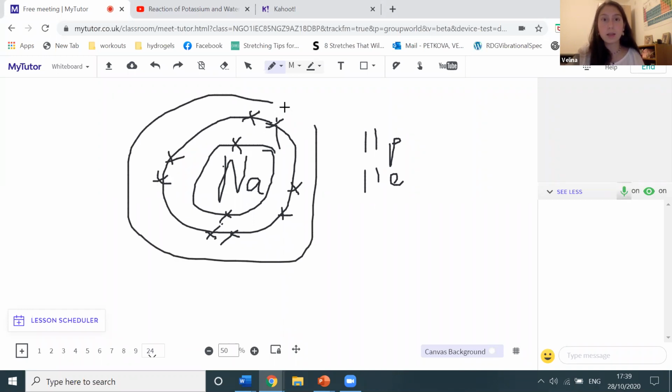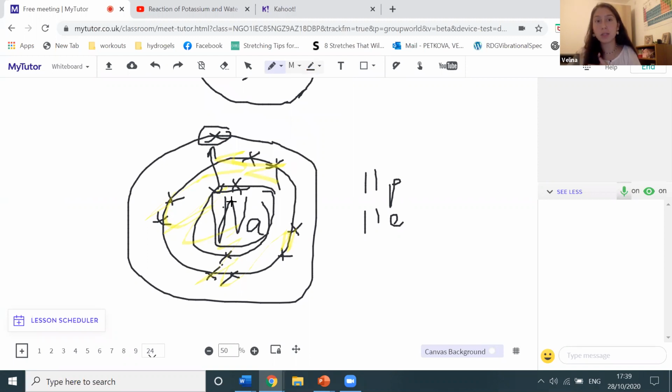Once again, all of these electrons are hiding this positive charge from this outer electron. So this outer electron sees less of the positive charge, and therefore there's less attraction between this electron and the nucleus. Not only does it see less of the charge, it's also further away from the nucleus, which also reduces the attraction.